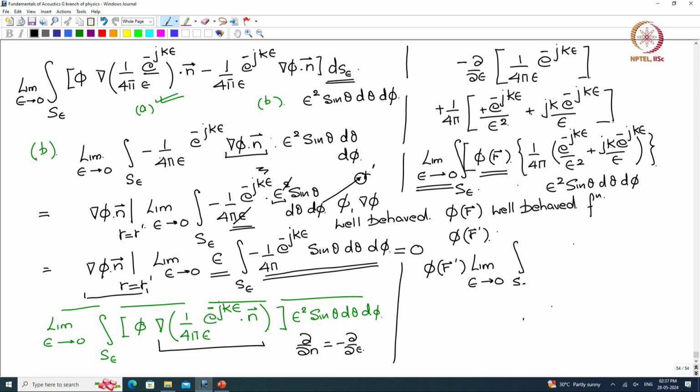integral S epsilon, and I'll keep 4 pi also outside, e to the power of minus j k epsilon by epsilon square plus j k e to the power of minus j k epsilon by epsilon, times epsilon square sine theta d theta d phi.